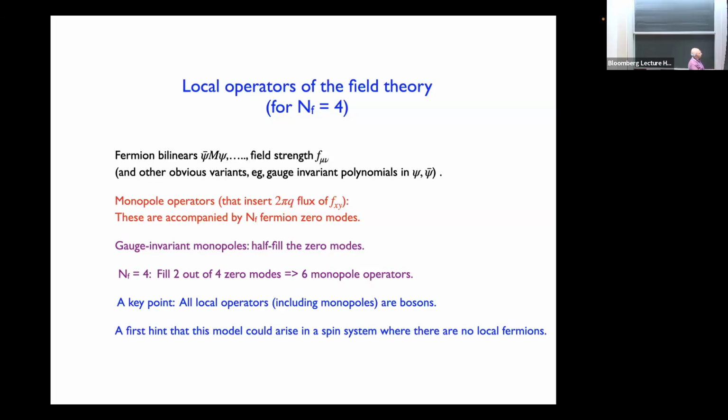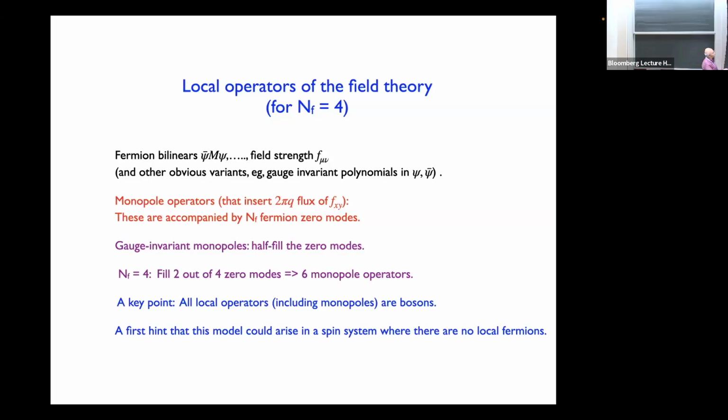And then the more interesting class of operators are monopole operators, where I insert 2 pi q flux of the U1 gauge field, where q is an integer. In the presence of the massless Dirac fermions, these monopole operators are accompanied by zero modes, one for each Dirac fermion flavor.